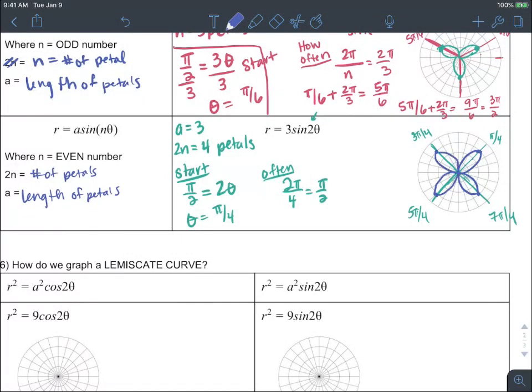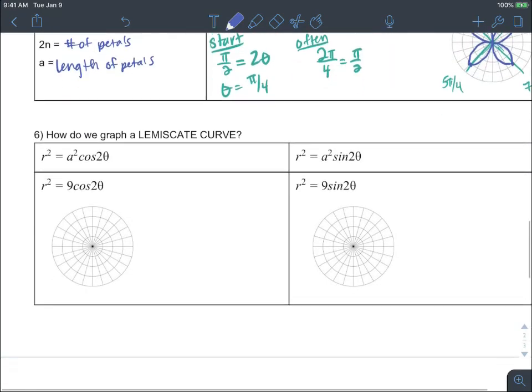The last type of curve we're going to go over super quick here is called a lemniscate. I think it sounds like lemon biscuit. And it looks like the equation r squared is equal to a squared times cosine 2 theta or sine 2 theta. The a value is equal to the length of the curve.